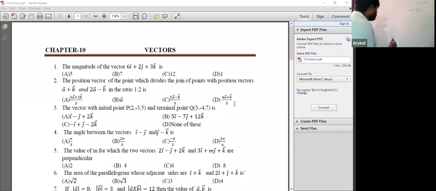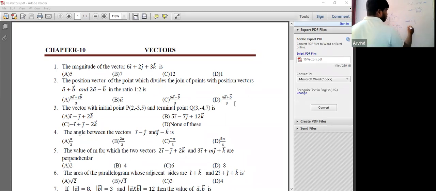Now, individually you find what is mod A, mod B. If I take mod of this, it will be root 2, and for the other also root 2, since 1 plus 1 is 2. For the dot product, if you take mod, it will become 1. So 1 by root 2 into root 2 is 1 by 2. So you are getting cos theta as 1 by 2.